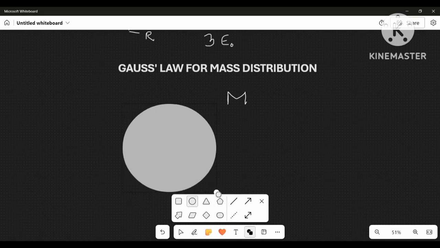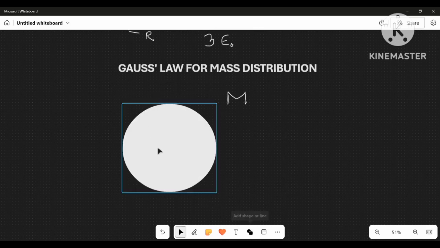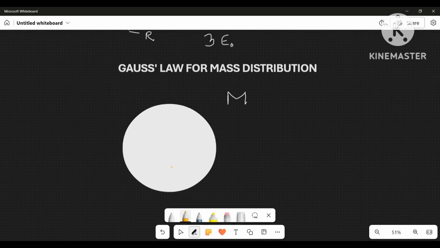Similarly, very similarly, we have Gauss law for mass distribution, which means here again, before applying this law, we need to draw a Gaussian surface and then operate this law. So let me draw the universe again. Say this is the universe.